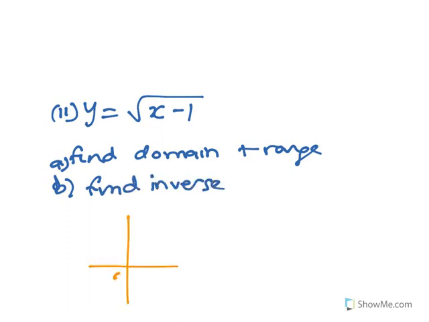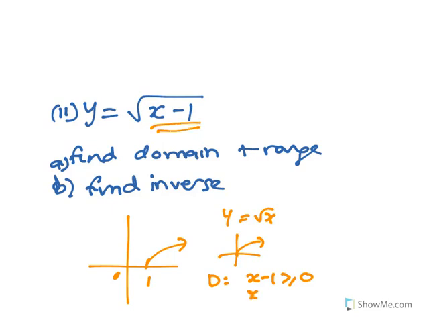Okay, so that one would be 1 to the right, and y equals root x is a parabola on its side like that. So it's actually going to look like that. Its domain would be x minus 1 has to be greater than or equal to 0, because what's under there has to be positive, so x is greater than or equal to 1, and the range is y is greater than or equal to 0. And you can also see that from the graph.